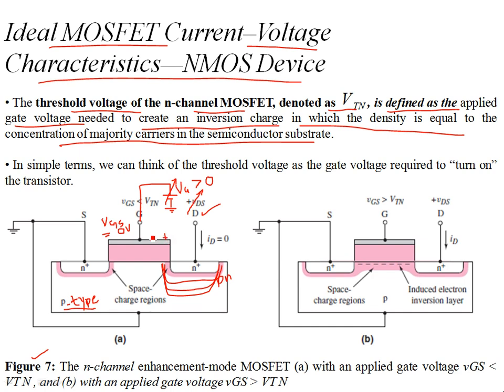The metal plate gets a positive charge. If you recall, what happened previously was that you end up having a space charge region, the depletion region, which is going to have the negative charge carriers. So the bottom plate of this MOS capacitor will have negative charge.